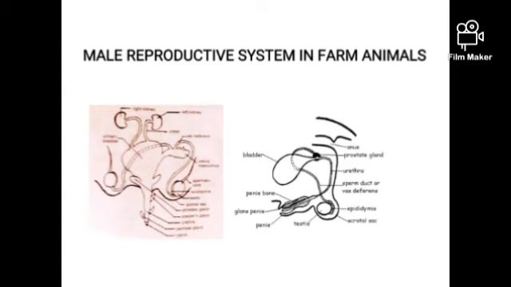Let's go to the reproductive system in farm animals. I want to discuss the male reproductive system in farm animals. The male reproductive system includes the testes, which produce the spermatozoa.